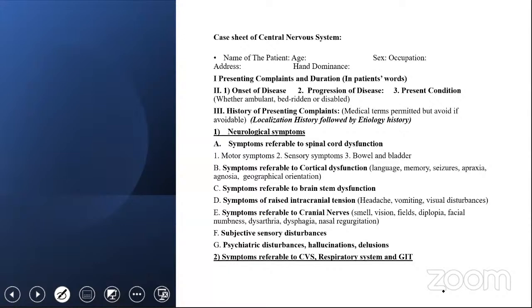You may have to do NYHA classification, features suggestive of cardiac failure. You have to take the history of hemoptysis, breathlessness, bronchospasm, hematemesis, melena, dysfunctional bleeding, menorrhagia, metrorrhagia, and all these things you have to give a cursory glance and identify if there is a problem there, which we'll have to tackle.